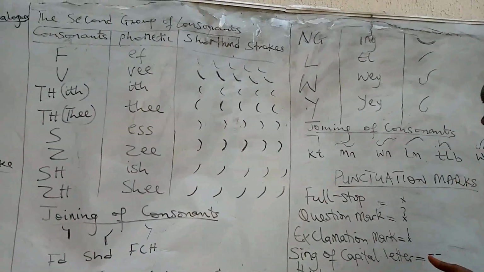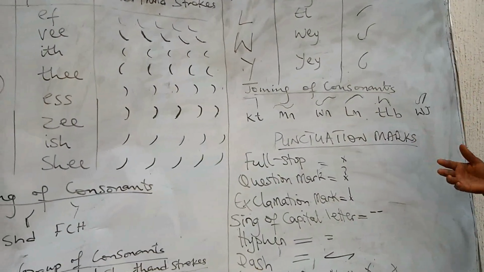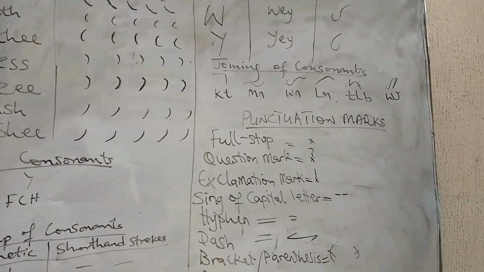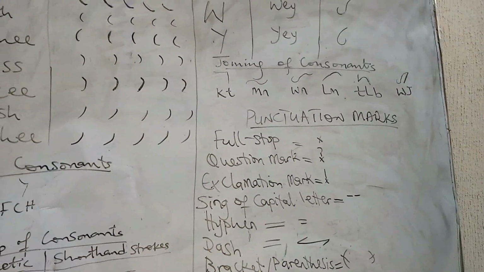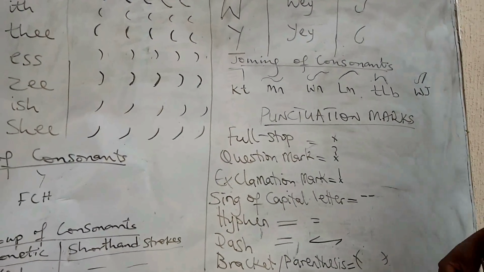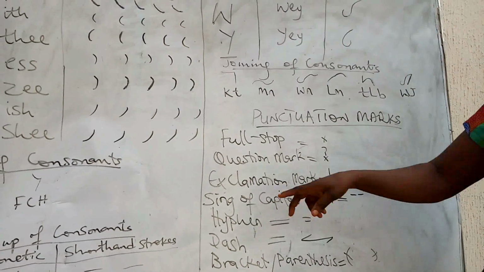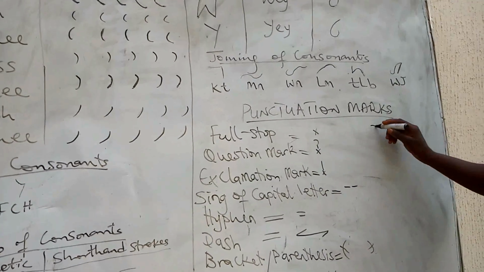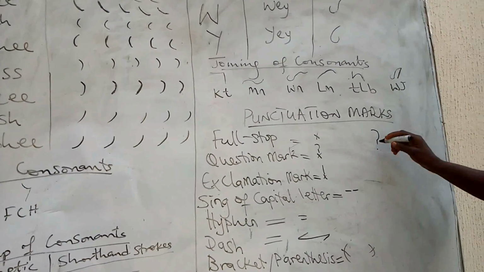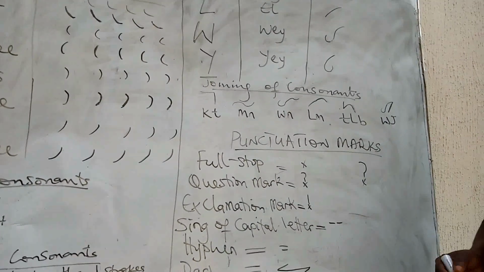Having said this, the next thing you need to know is punctuation marks in shorthand. The way we write a full stop in an ordinary sentence is not how they write it in shorthand. In shorthand it is a star. Then the question mark, which we write in an ordinary sentence with a dot, in shorthand is with a star under.